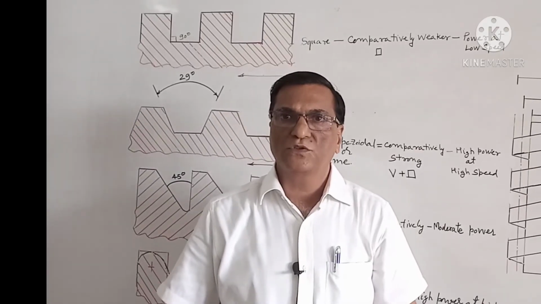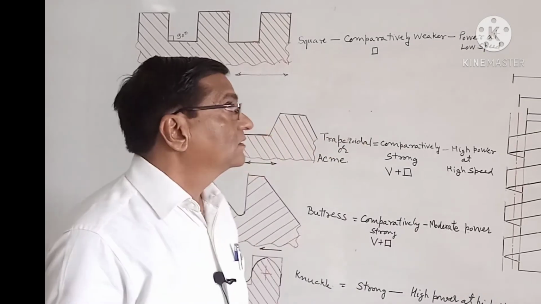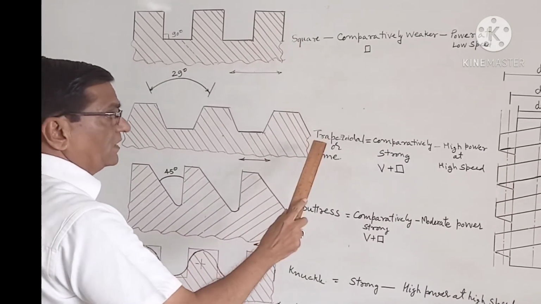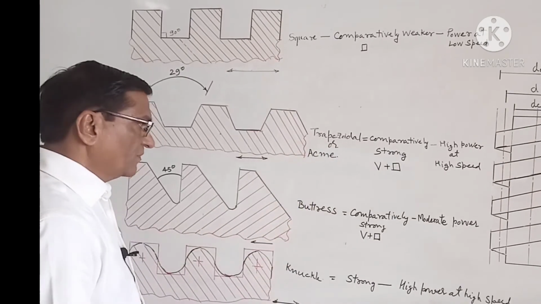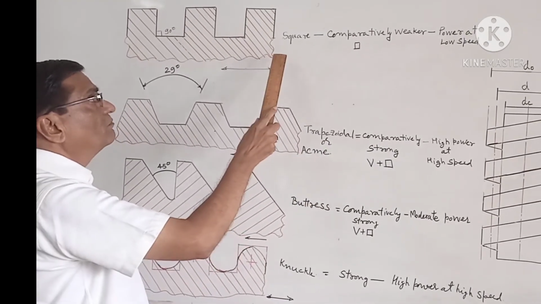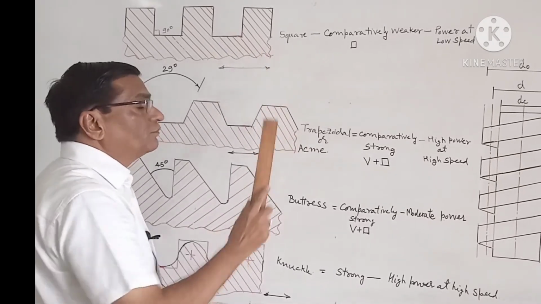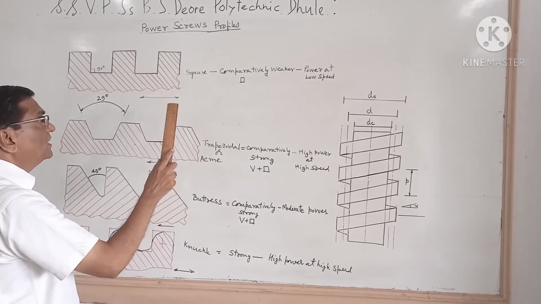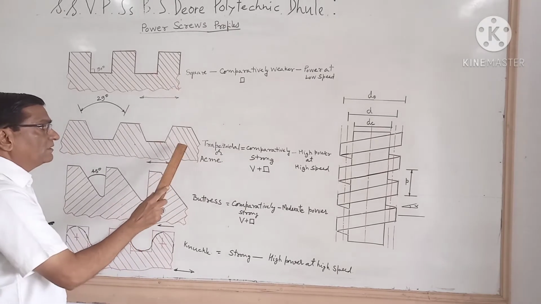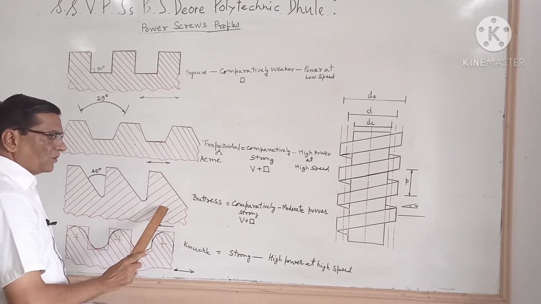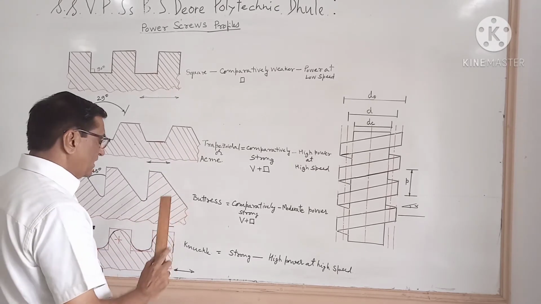Now different power screw profiles. The different power screw profiles used are square, trapezoidal or acme, buttress and knuckle. The basic profile is the square profile, and these are all modifications of the square, or combinations, like acme, which is a combination of square and V thread.